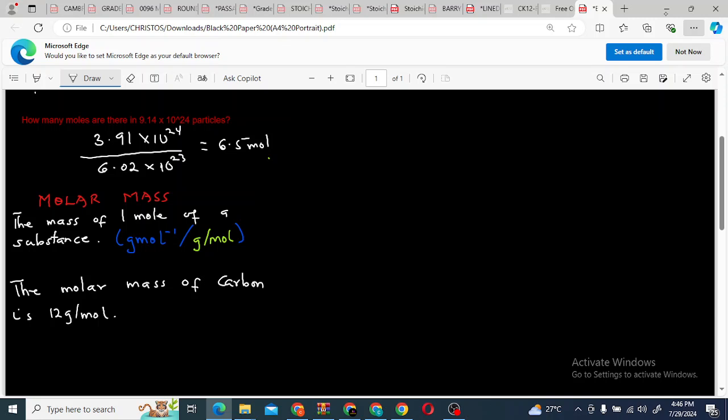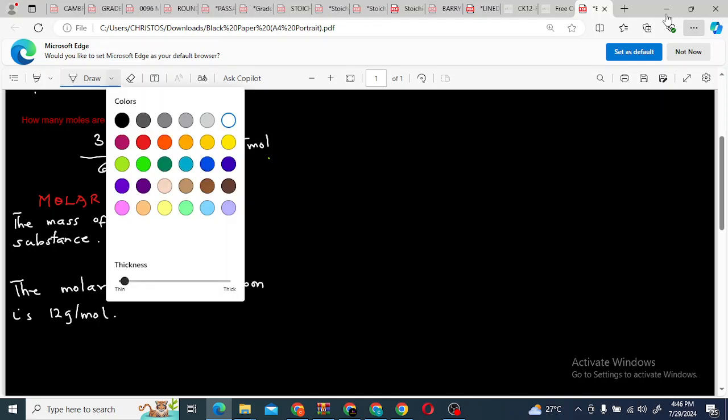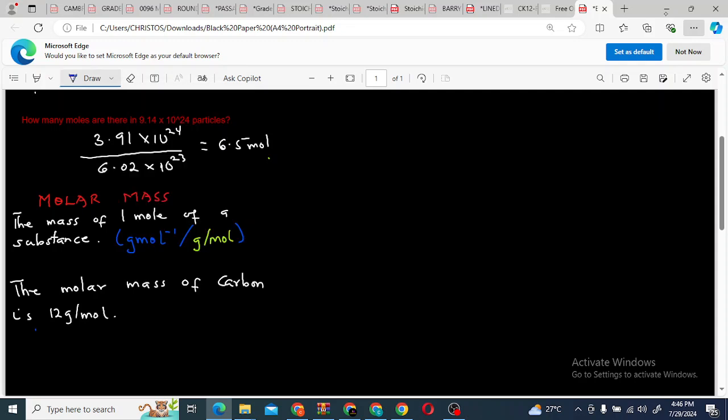So we can follow something up here. If you are listening to what I'm saying very carefully, you could see that I am trying to draw a relationship between 3 friends. I talked about molar mass, and by now we know that molar mass is the mass of 1 mole of a substance.